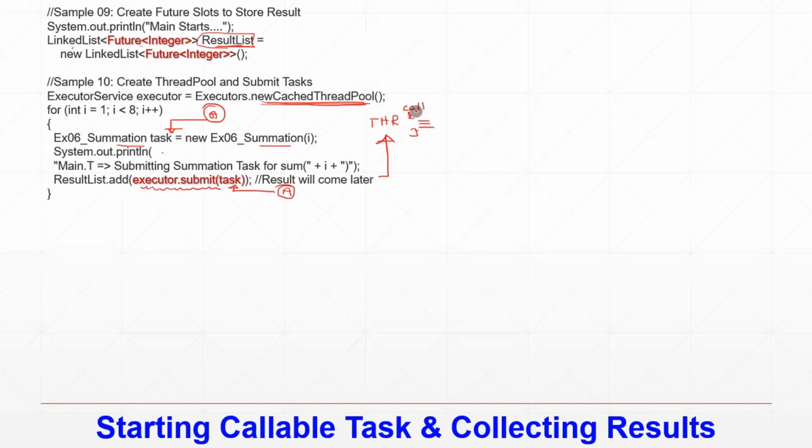And we know that this callable task will return a value, and that return value we are adding to the result list.add. If you look, result list is a collection of future integer. So result list.add means we are providing the placeholder of this future, and that will get filled later when this call method finishes.